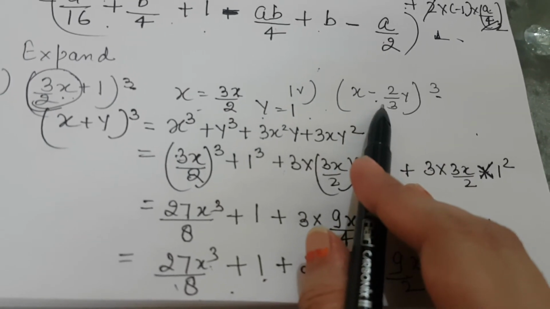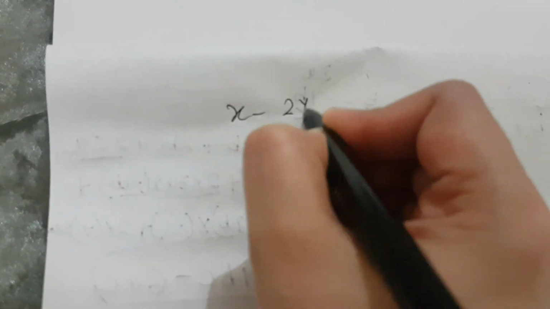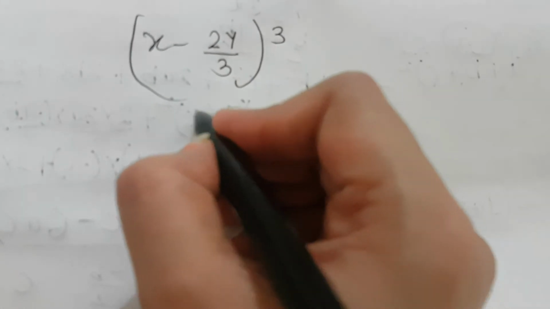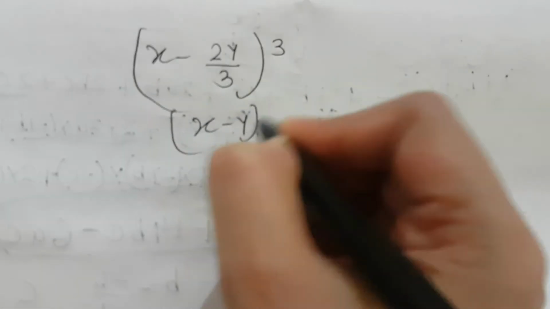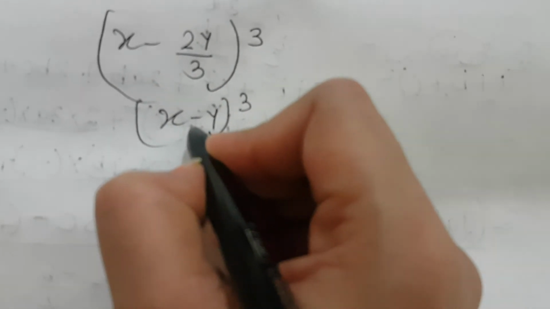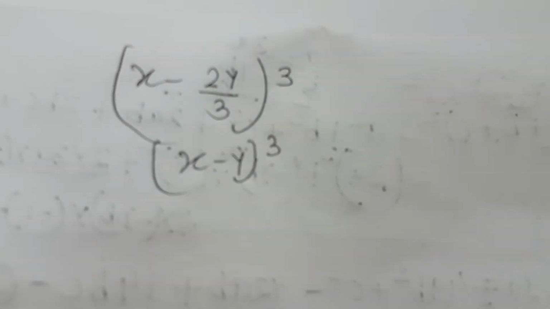One more is left, (x - 2y upon 3) whole cube. So which identity? (x - y) whole cube, because there is already a minus in the identity, so when we take the values of x and y, we will not consider the minus.